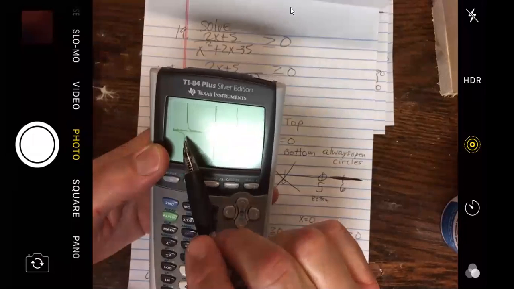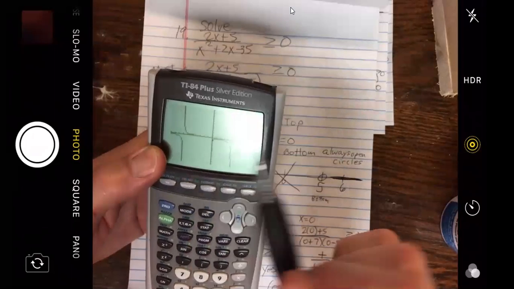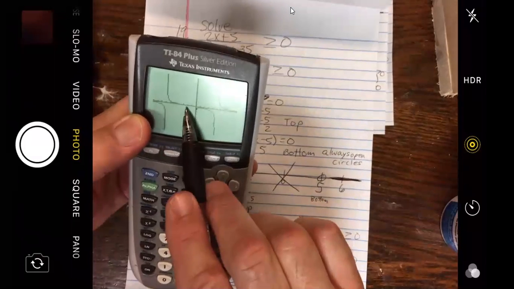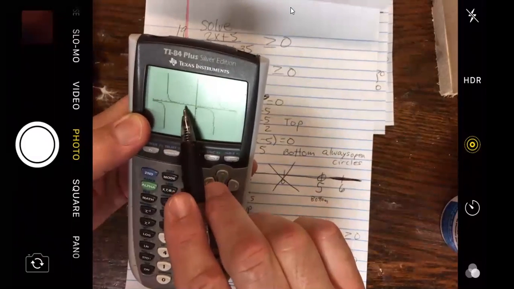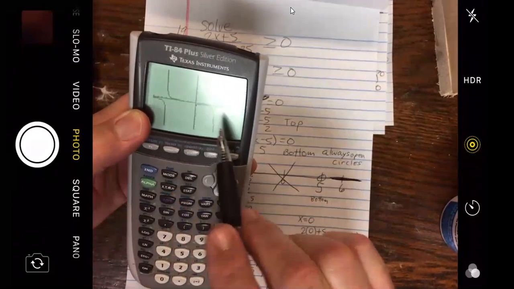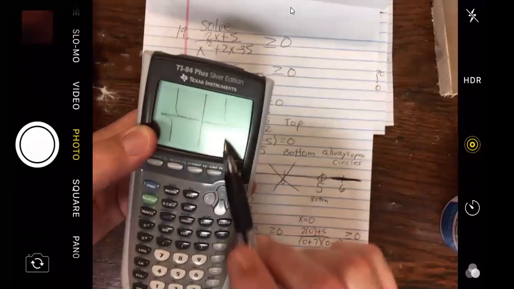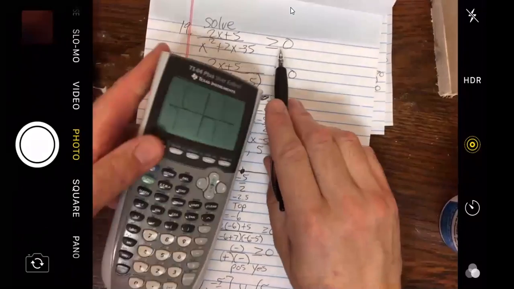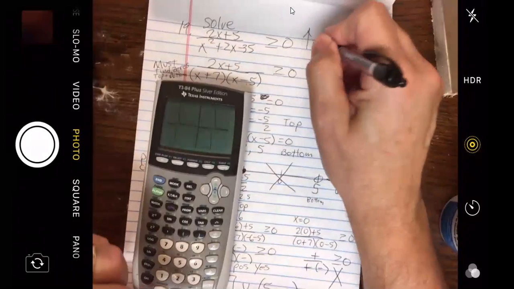That's a vertical asymptote. Okay, the -2.5 would be right there. You can't hardly see that on the graph. There's your x-intercept at -2.5. And then it's finally blowing up at 5. So what you're looking for, greater than or equal to 0, is above the x-axis.